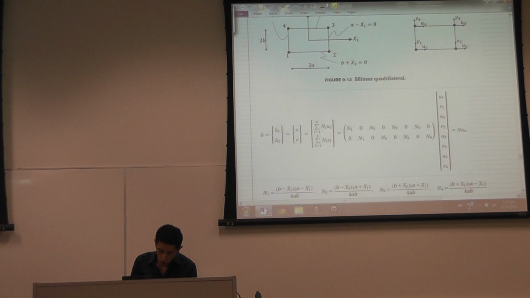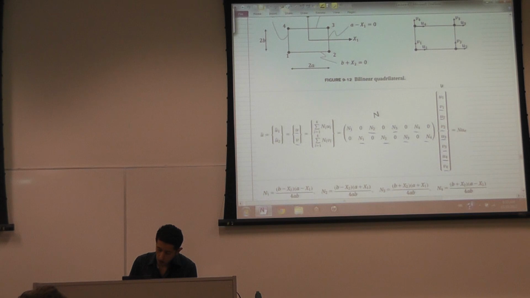The shape function, so u, the horizontal displacement, and the vertical displacement. The horizontal displacement is equal to n1 u1, n2 u2, n3 u3, n4 u4. And the vertical displacement is equal to n1 v1, n2 v2, n3 v3, n4 v4. This is the matrix n.